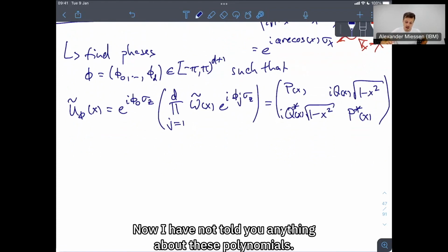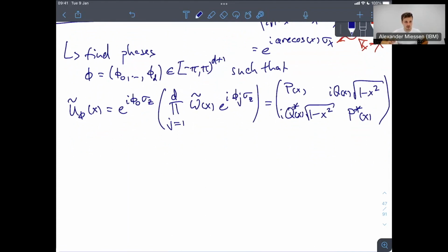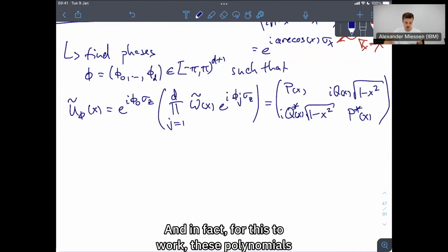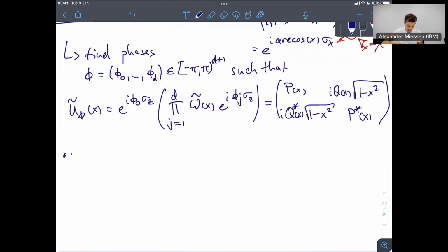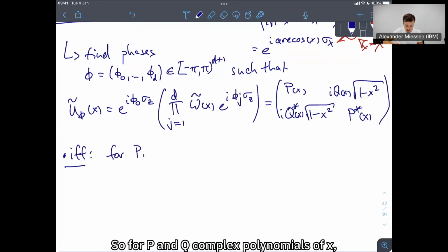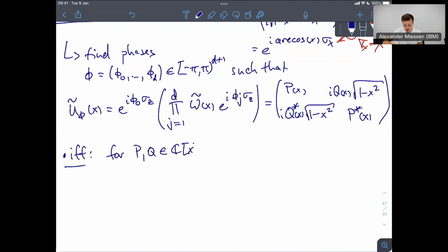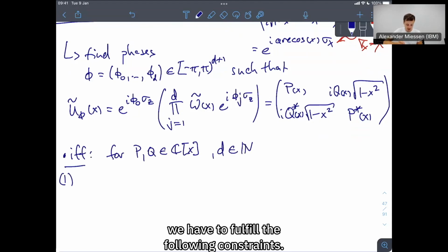Now, I have not told you anything about these polynomials, and in fact, for this to work, these polynomials have to be of special kind. So for p and q complex polynomials of x and d a positive integer, we have to fulfill the following constraints.